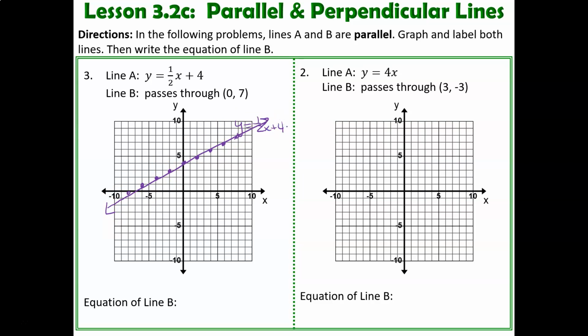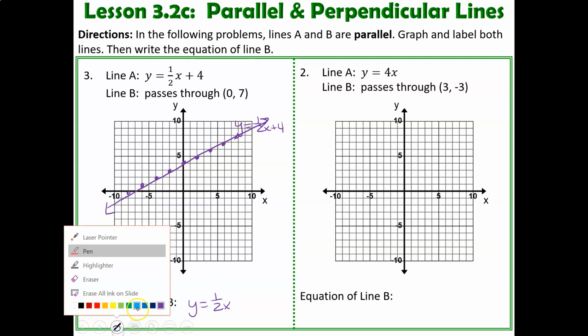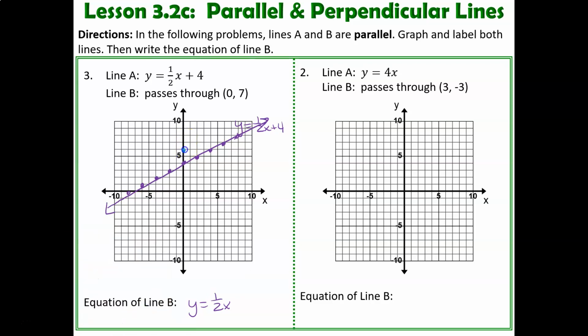Now we want to graph the line that's parallel to it, which means it has the same slope, which is 1 half, but it goes through 7. So it has the same slope, so it's going to run right along next to it. They should never touch. So my new y-intercept is 7.